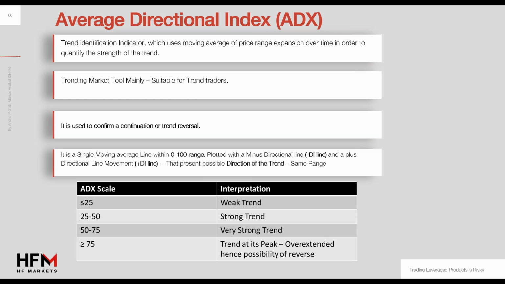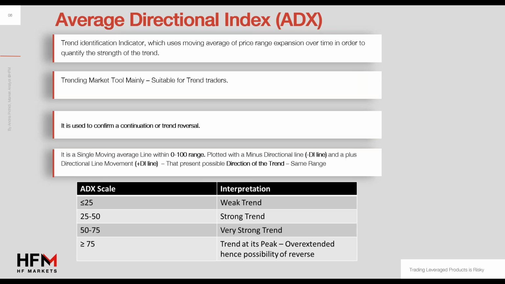For those who are solid trend traders, this is their strategy: if our ADX is below 25, then it's something we should avoid until we see the ADX line moving above 25.